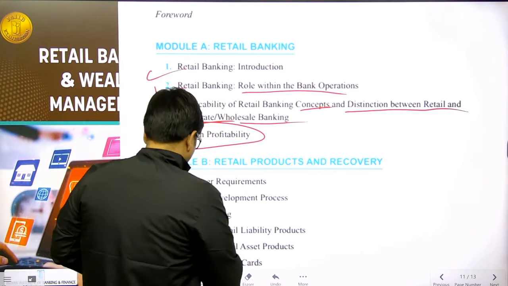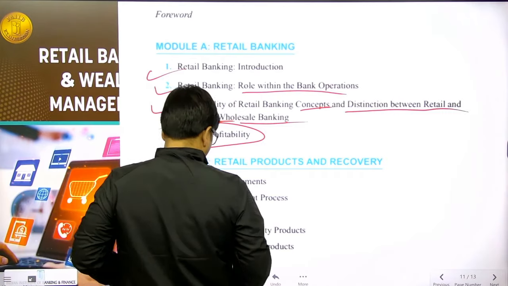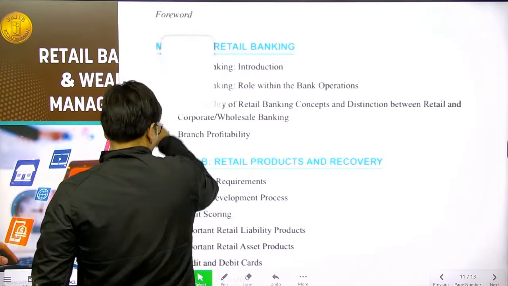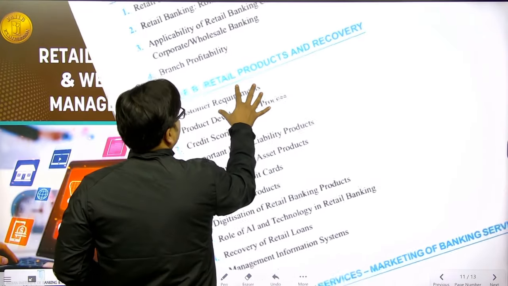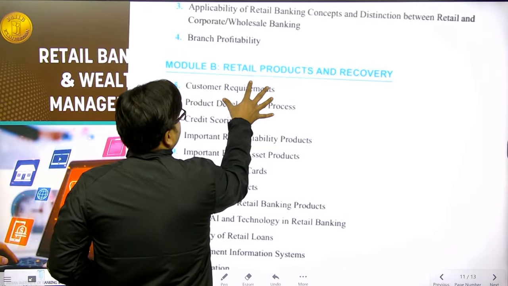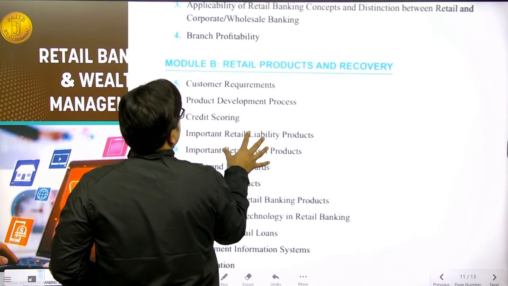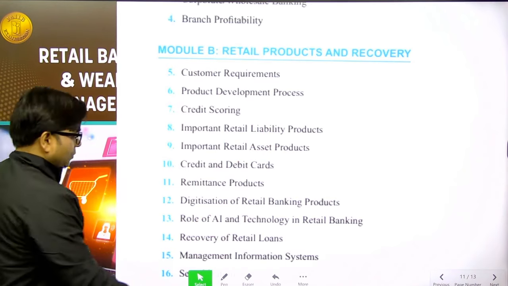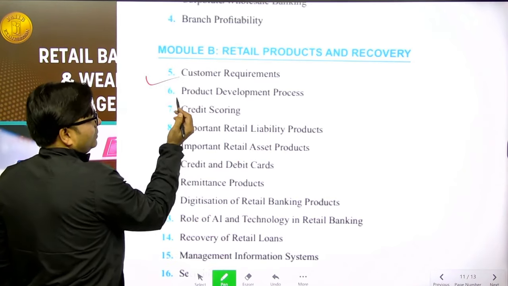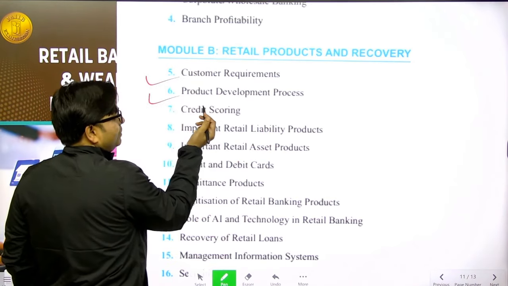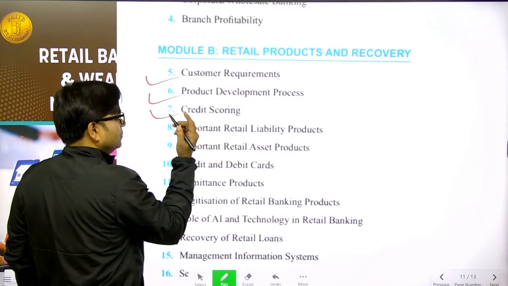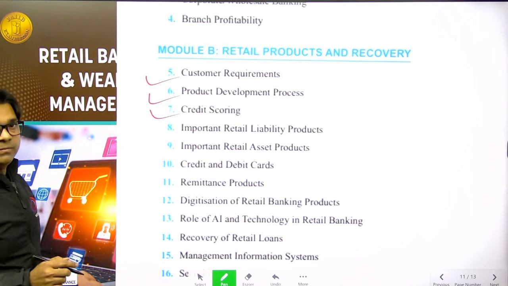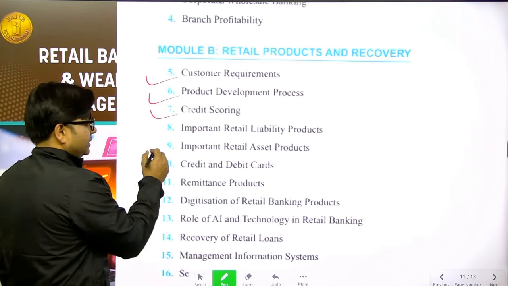So let's see what changes have been done in Module B. These are the topics. Customer requirement, product development process, and credit scoring were there in the retail banking syllabus of the elective paper of CAIIB. Same topics.